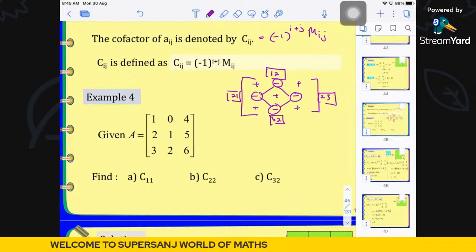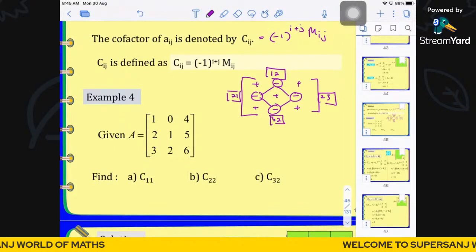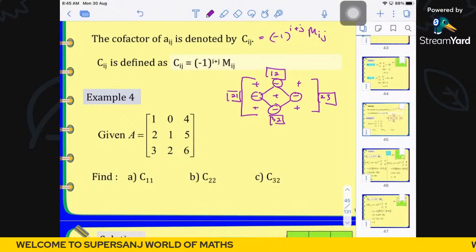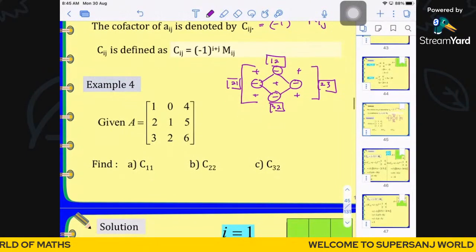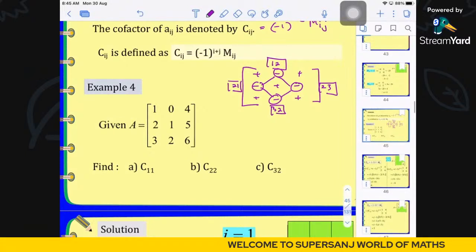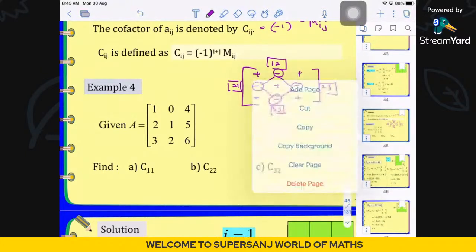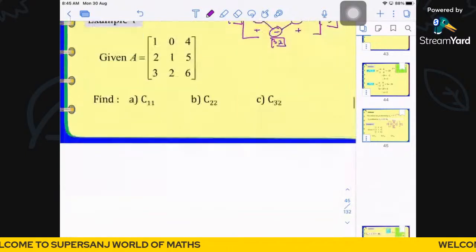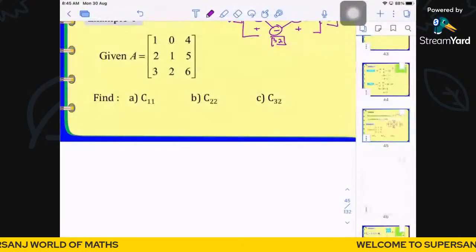If it's an odd number over here, -1 power of an odd number will remain negative, yes or not? So if the summation of i and j is odd, then it will be negative. Okay, for example here, if you look over here, I see the cofactor of C11. If you look at C11, it's the first element, first row, yes or not?